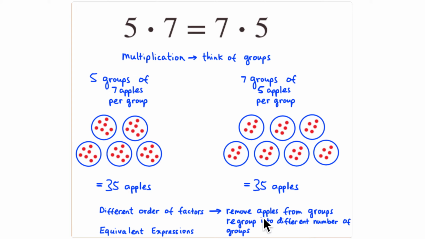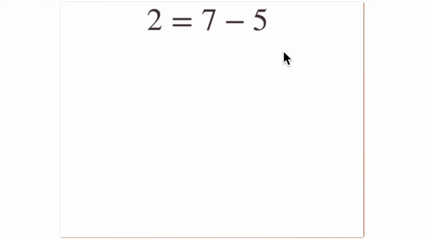If I take all these apples out and regroup them into 7 groups of 5 apples, I'm going to have a different number of groups. Although these expressions are different, they are equivalent. Again, you can use this idea to solve equations.